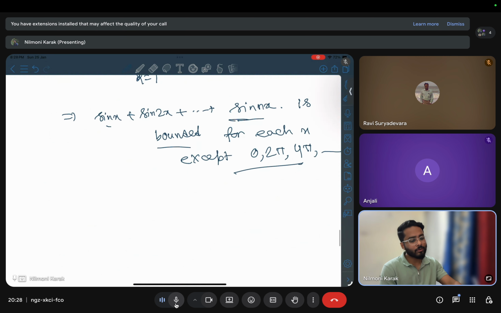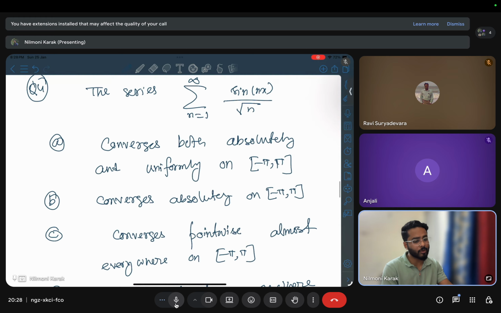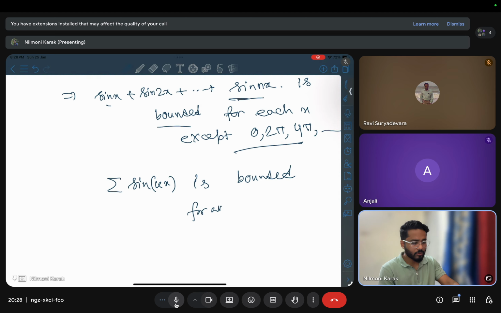And we are studying this series in the interval minus pi to pi. So this partial sum of sin kx is bounded for all x belonging to minus pi to pi except 0 only, because among 0, 2 pi, 4 pi, only 0 is in this interval.